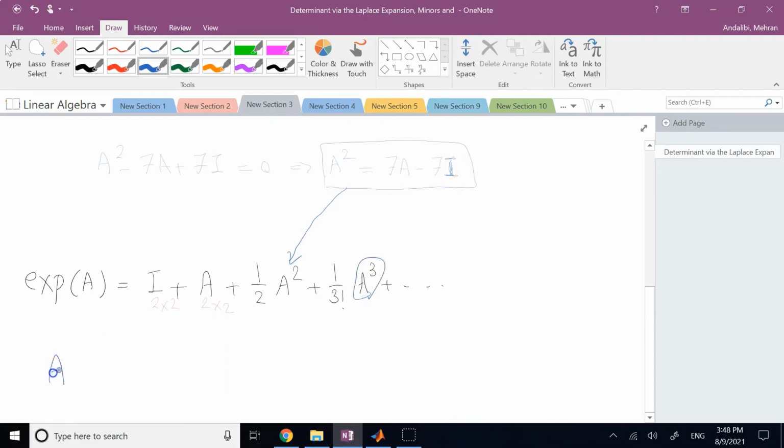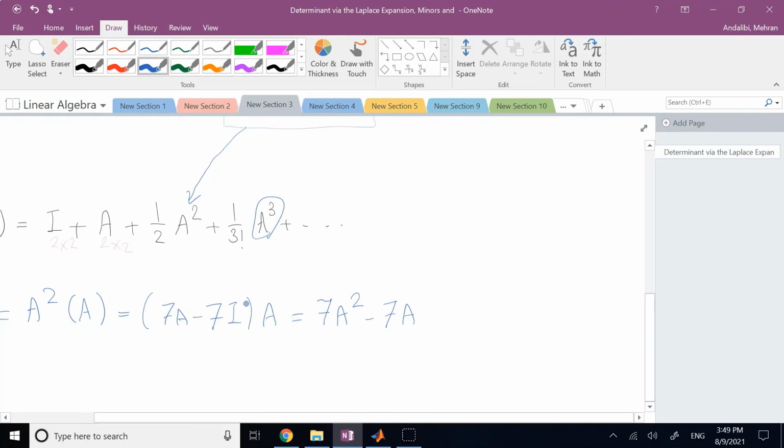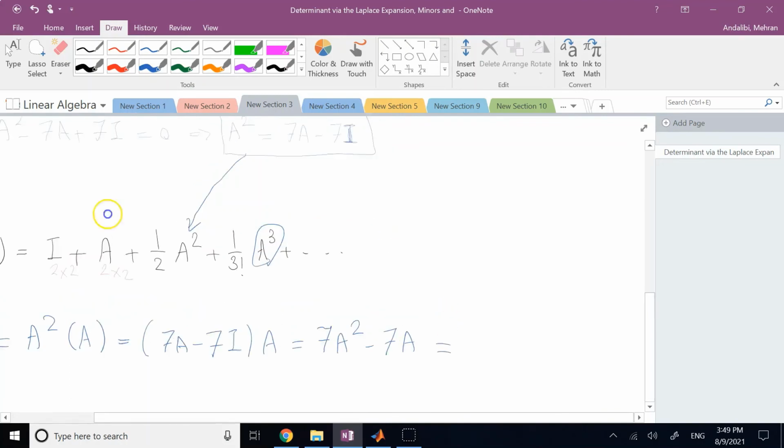What about A cubed? Well, you say A cubed is what? It is A squared times A. But what is A squared? It itself is 7A minus 7I. Multiplied by A, you will get 7A squared, and then what? Minus 7A, right? Because I times A is the same as A. Remember, I is acting like the number 1. And again, you can do another simplification.